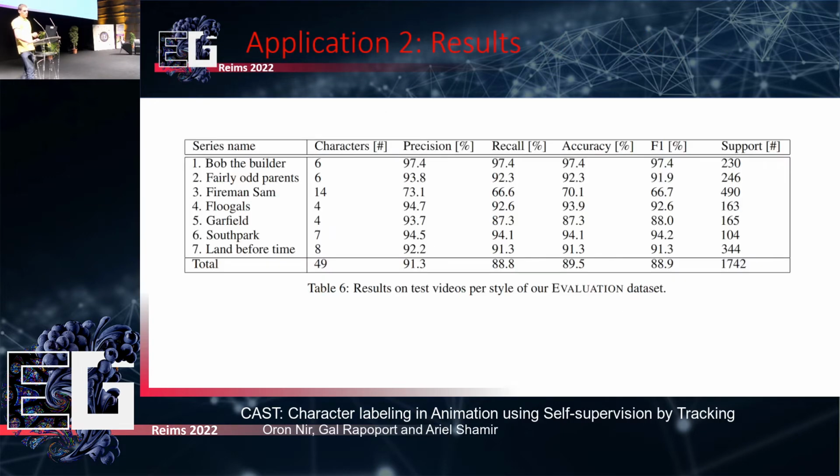And we leveraged this method and applied it on the test episode. The following statistics were evaluated on our evaluation data set, where it yielded about 89% F1 score by only labeling the clusters.